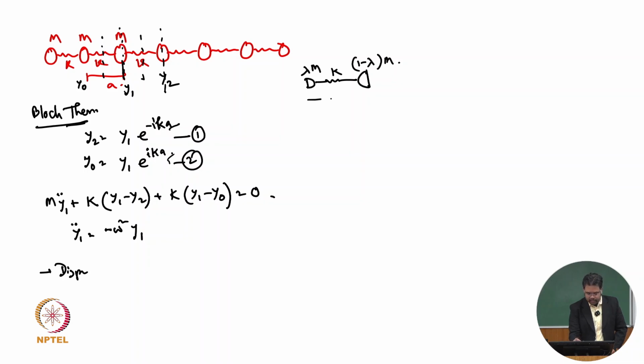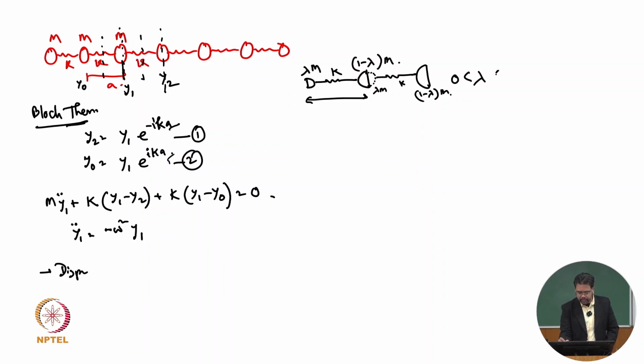So here I again have lambda times m, k, and again 1 minus lambda times m. This portion totals m. Make sense? I can cut it with any value of lambda. Clear? No doubt on that.